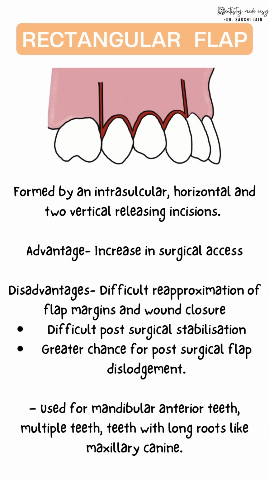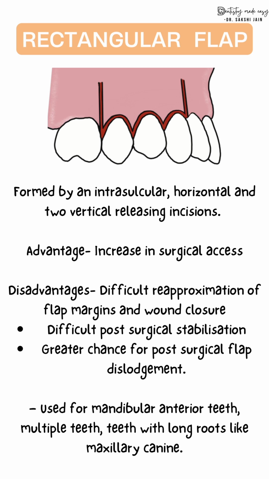The next flap is the rectangular flap. It is similar to the triangular flap, but the only difference here is instead of one releasing incision, you have two vertical releasing incisions. So the main advantage is an increase in the surgical access, and it is used for mandibular anterior teeth, multiple teeth, or long rooted teeth like the maxillary canines.